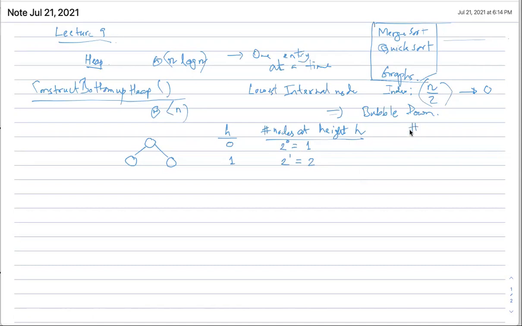And you can also capture the total nodes at this point. So total nodes here is 1. And you can express that as 2 to the power 0, which is the height, plus 1, minus 1, right? So we said that generally, the relationship between n and height is 2 to the power h plus 1 minus 1.